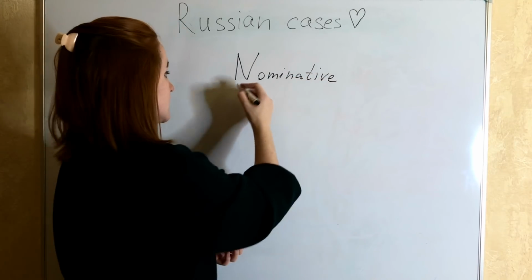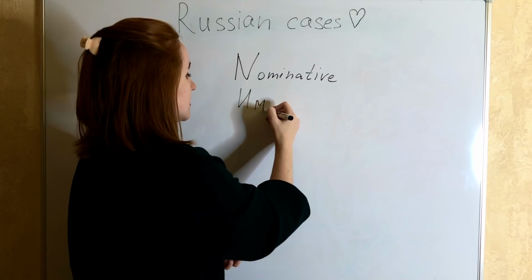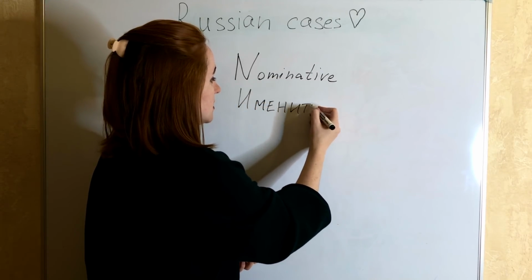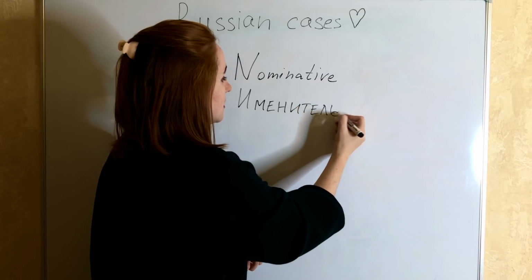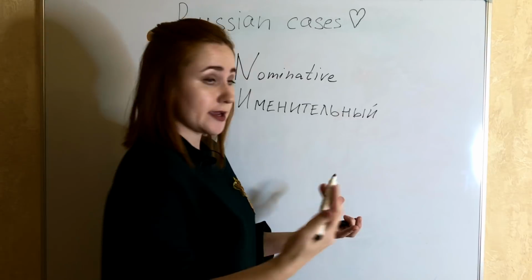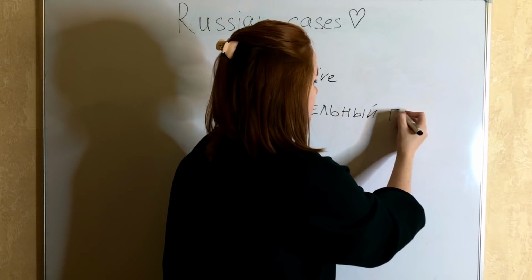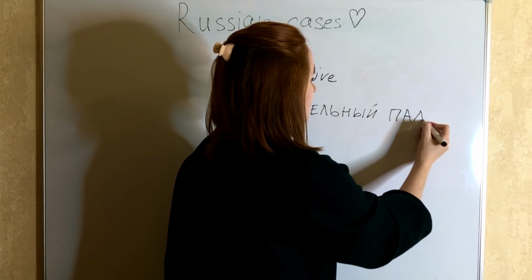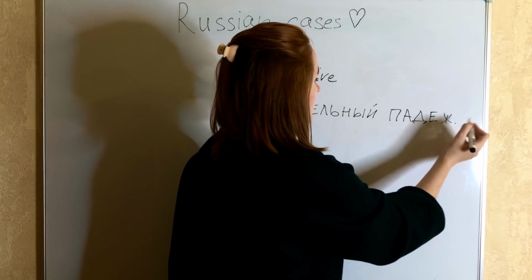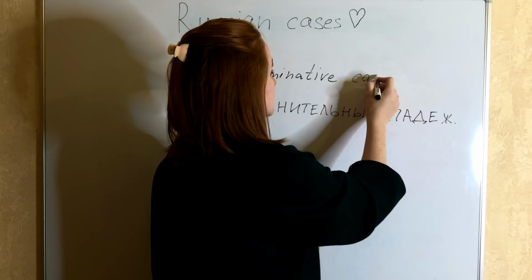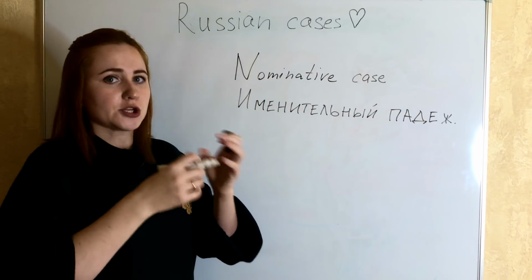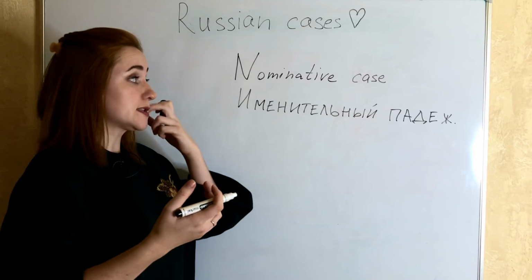In Russian, it's именительный падеж. And the word case in Russian is падеж. Nominative case. This is the form of a word without any changes, the form that you will see in all the dictionaries, in Google Translate even.